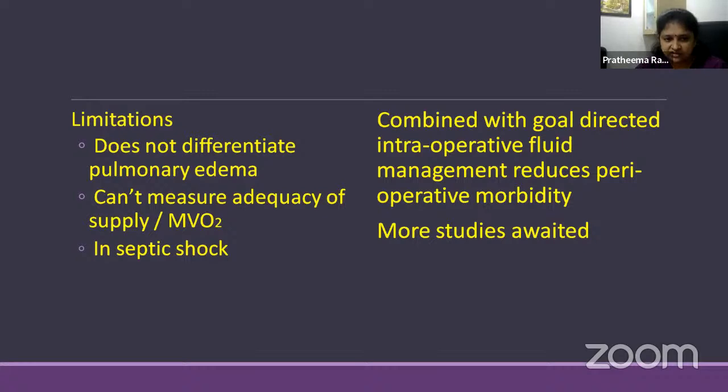The tolerance is not much. And if there is a septic shock, it is going to hurt the patient again. We don't know. There can be non-cardiogenic pulmonary edema also. ARDS patients, it's quite tricky. And if it is combined with goal-directed intra-op fluid management, it reduces the perioperative mortality, but more studies are still awaited.